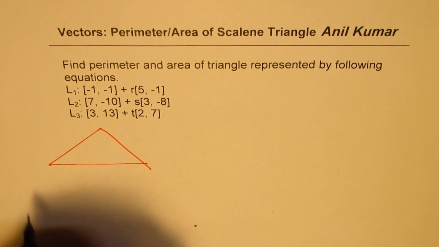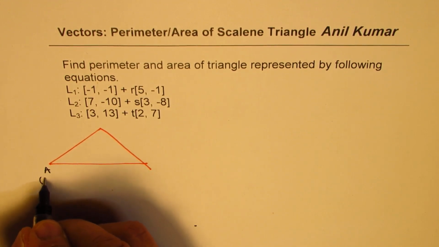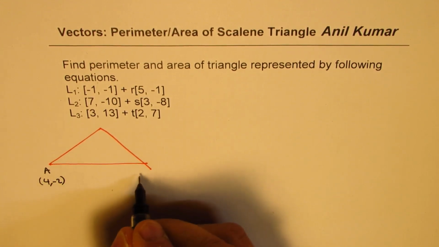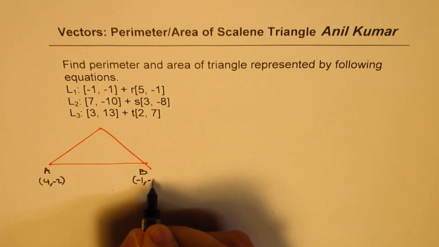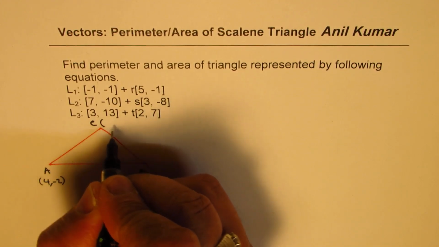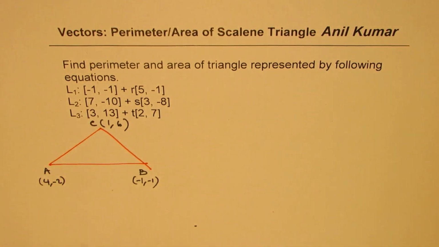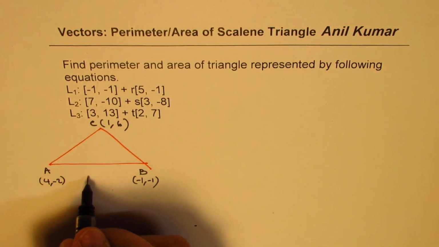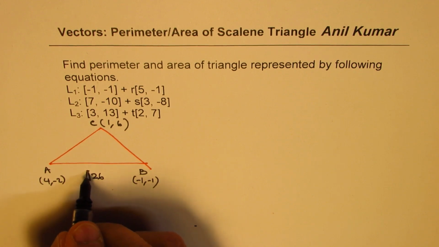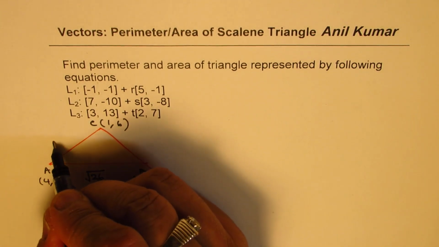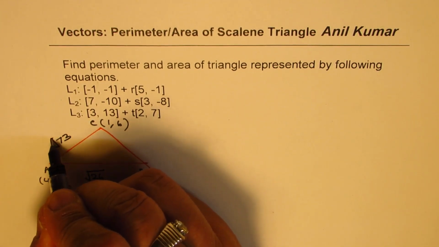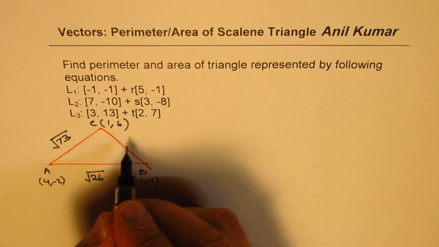We know the vertices A, B, and C are (4, -2), B is (-1, -1), and C is (1, 6). We also found that the sides are square root of 26, square root of 73, and square root of 53.